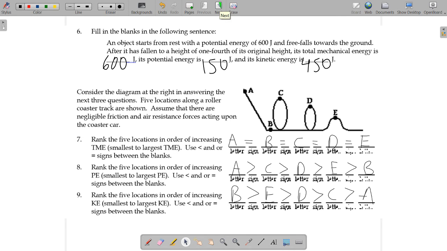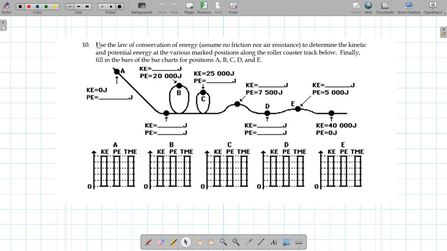Now lastly, just looking at the last one, on number 10, once again we have a roller coaster track here. And so after filling out these blanks here, we need to fill out these bar charts below. I'm just going to go ahead and get you guys started here. I want you guys to notice something here. So point A is our highest point, and then we slide all the way down to our lowest point here. So it's gone from all potential energy here to all kinetic energy here, before going back up this loop here and over this hill here and here.